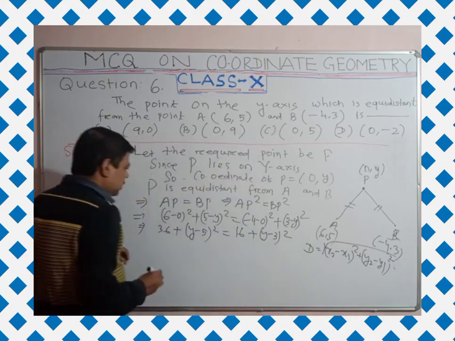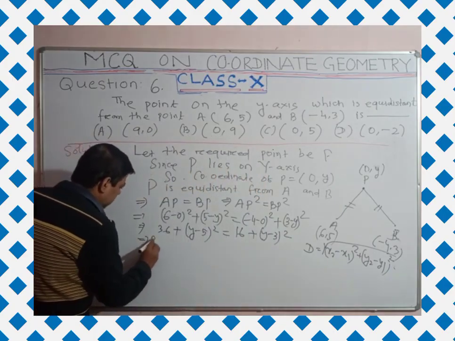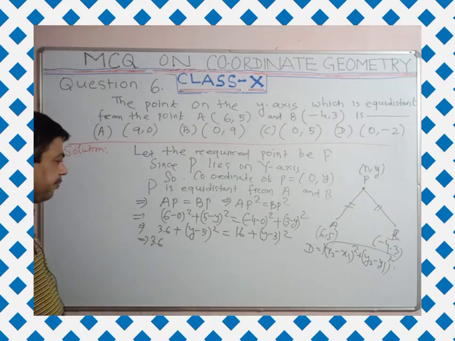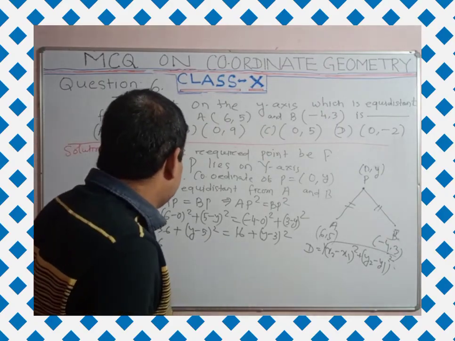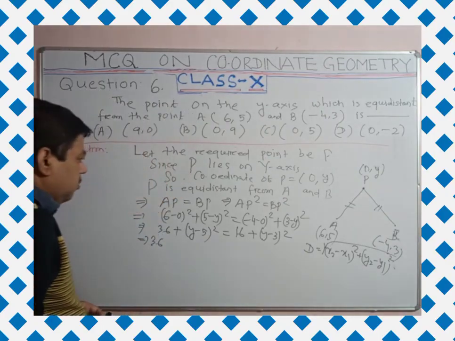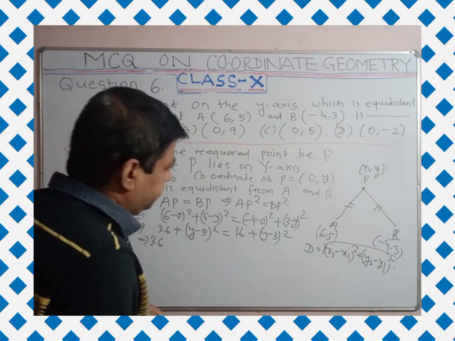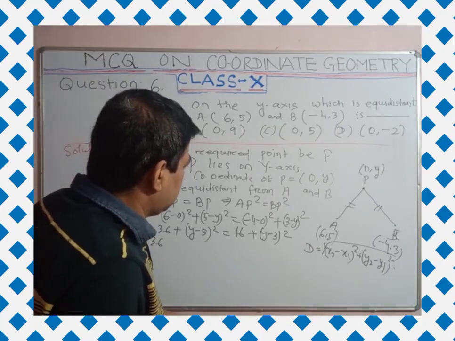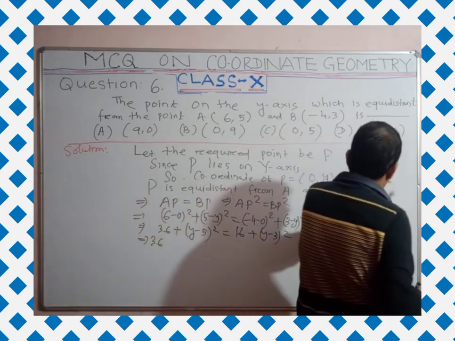Understand? So using this concept: 6 minus 0 is 6, square is 36, plus (y minus 5) whole square. Minus 4 minus 0 whole square is 16, plus (y minus 3) whole square.